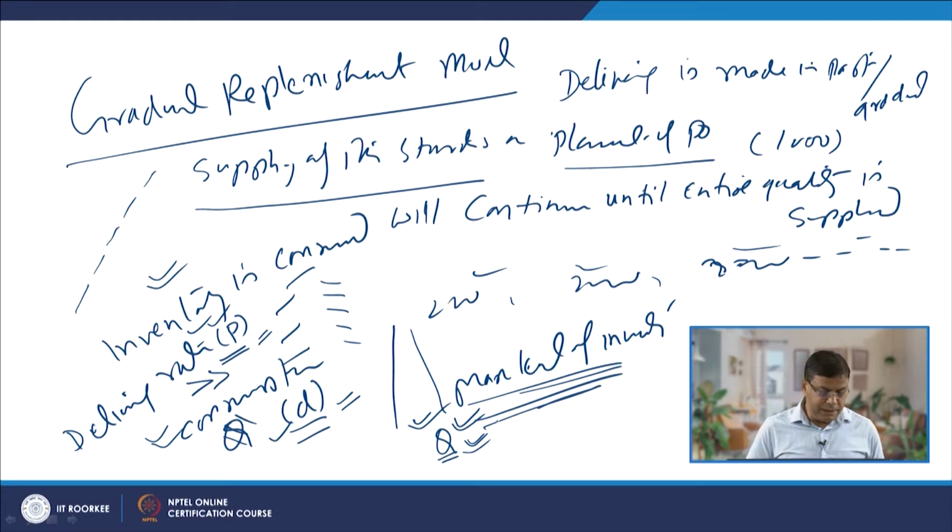When the delivery rate is greater than the consumption rate, the inventory will definitely be rising, but at what rate it rises will depend upon the rate of replenishment and the rate of consumption.